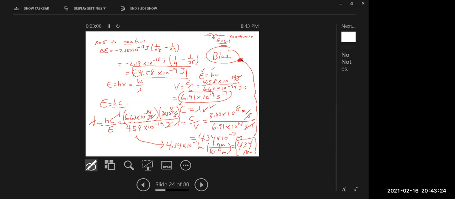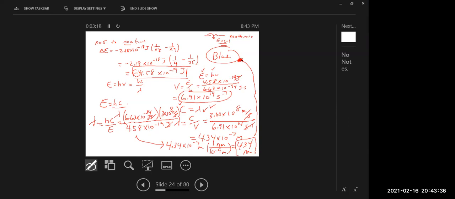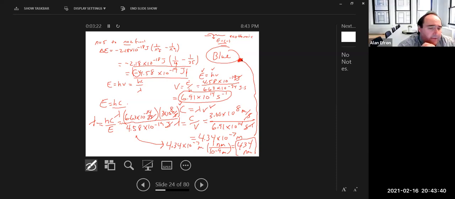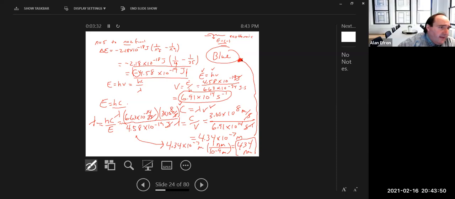Can you repeat one more time why you changed the negative to a positive? Yeah, so when we went from minus 4.58 times 10 to the minus 19. Okay. So when we're calculating something like energy, which was the first thing that we did, where we have the negative 4.58 times 10 to the minus 19, you absolutely should leave the negative for the energy calculation and answer.